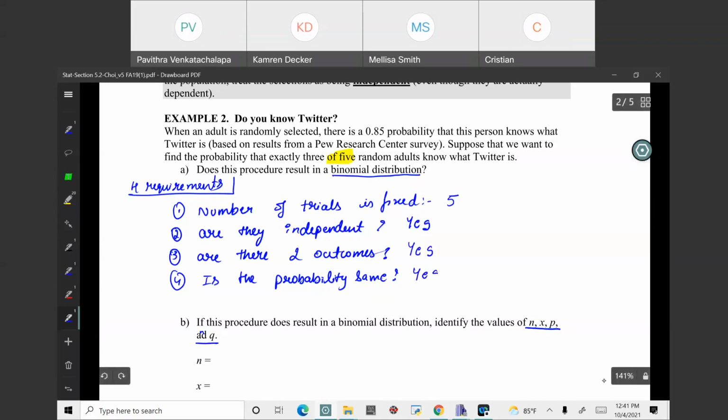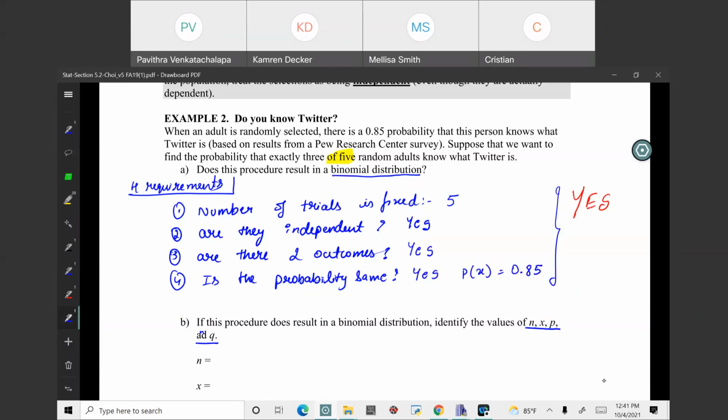Yes. And what is the probability? 0.85. And the probability for each person is the same. It will not change. So what can you conclude from this? It is a binomial distribution.